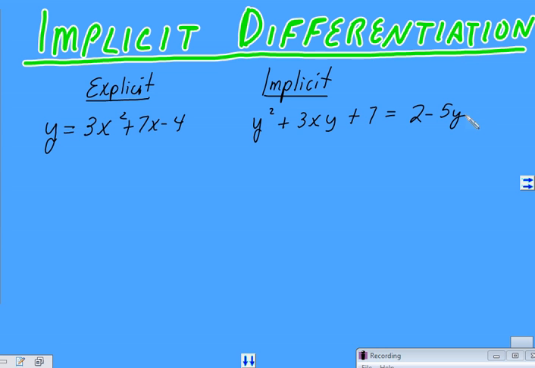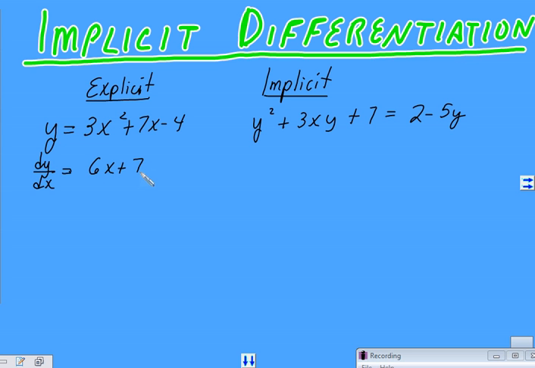We are going to play a little pretend game here for a few minutes so I can get across why implicit differentiation works the way it does. I want to point out, this one is defined explicitly, y equals 3x squared plus 7x minus 4. If I say to you, find me dy over dx, or in other words, find its derivative, you guys can do that. That's an easy little power rule. We know it's going to come out to be 6x plus 7.